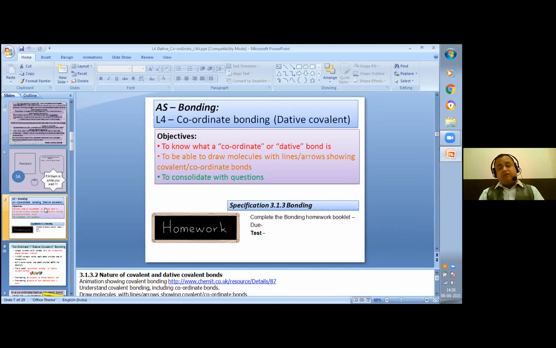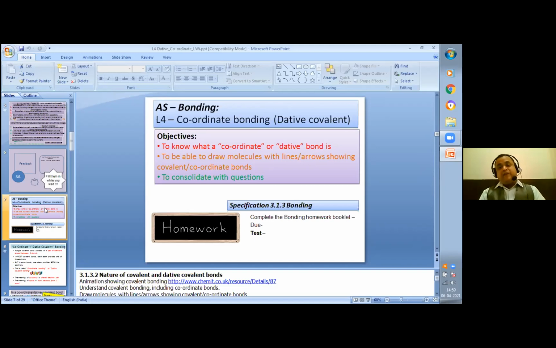In that particular case, please remember this point, A should have a pair of electrons, that is a lone pair of electrons, and B should have fewer electrons, at least 2 fewer, in its outermost shell.